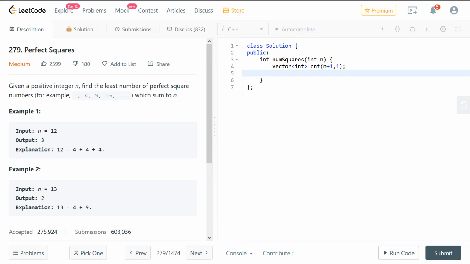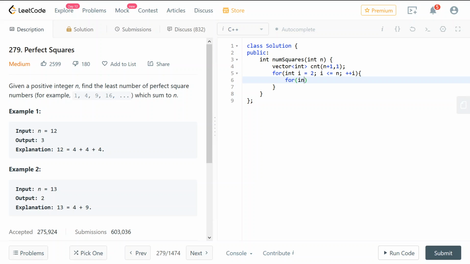Now how can we do this? We will do, for every number i from 2, i less than n, plus plus i. For a given number i, what can we do?